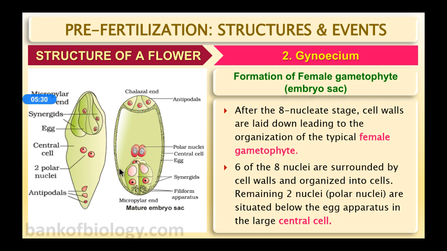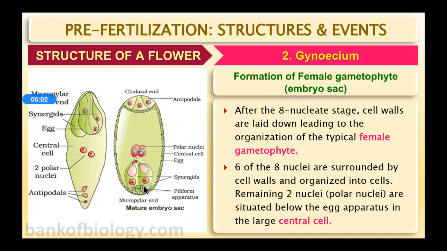First we will discuss the egg apparatus. The egg apparatus is in the micropylar end, and it includes two synergids and one egg.